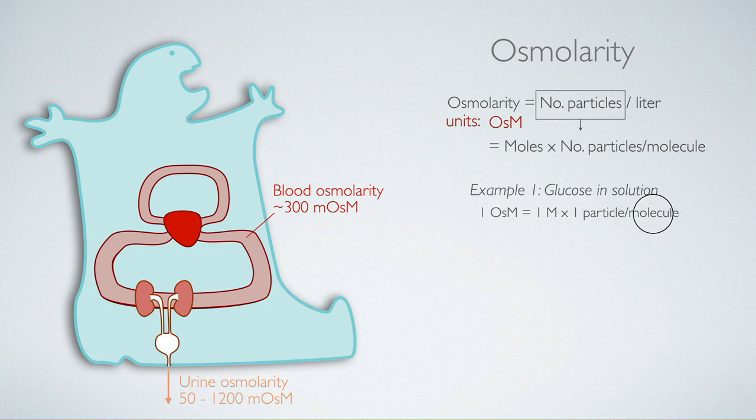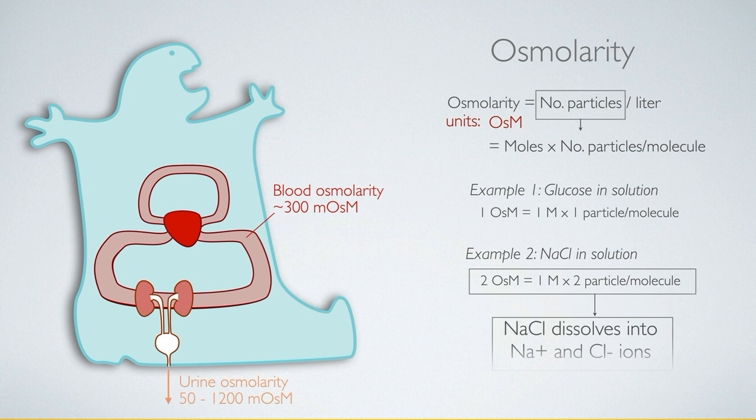Glucose doesn't fall apart when you mix it in water. Sodium chloride does. And so we get 2 osmols from every mole of NaCl because we get 2 particles per molecule. And that's because NaCl dissolves into sodium and chloride ions when they're mixed into water.